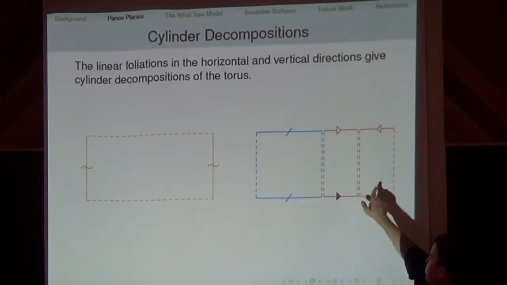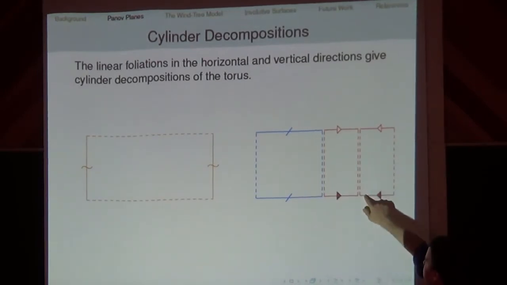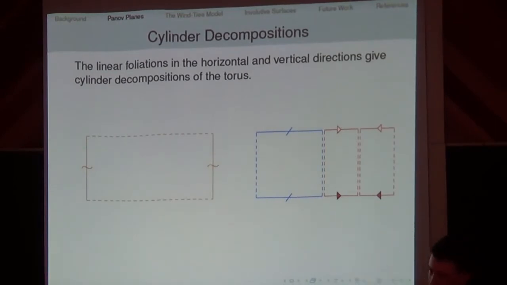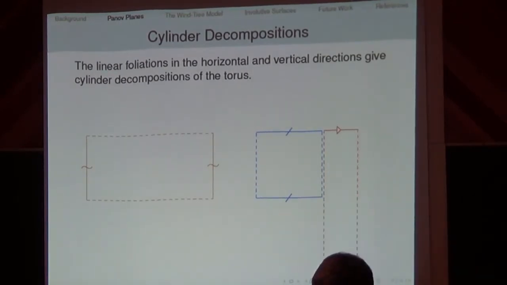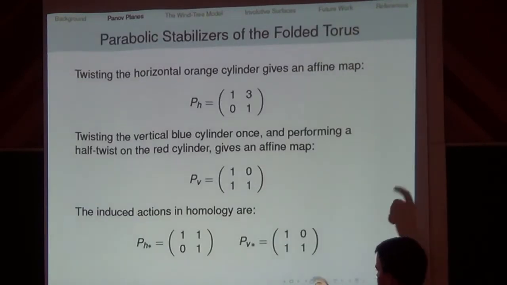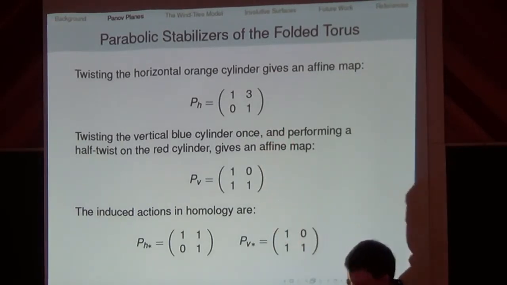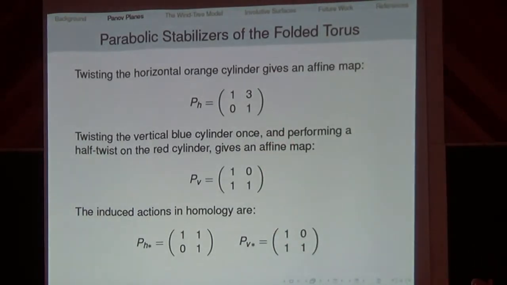This may look like three cylinders here, but because of these identifications, I can take this piece of the cylinder and rotate it down to get a tall, skinny cylinder. And then we'll consider a single twist of that horizontal cylinder, and then a twist of the blue cylinder that's only a half twist of the red cylinder.